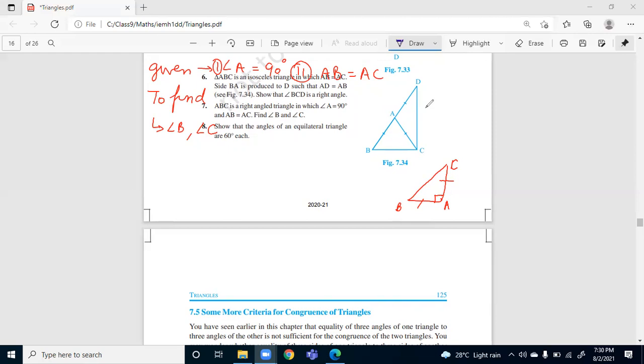The question will get over in least steps, I should say.